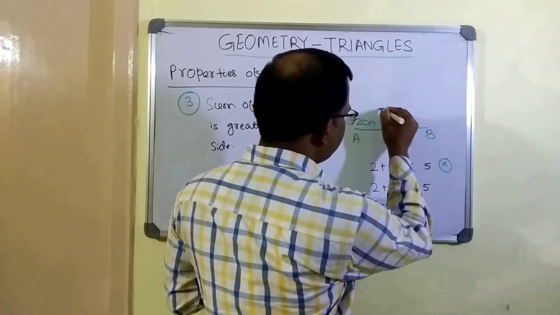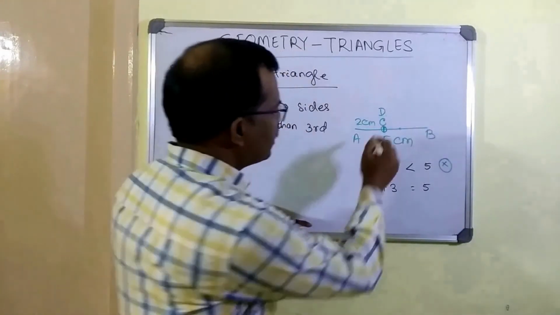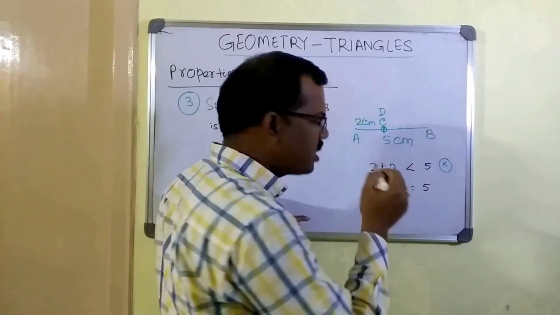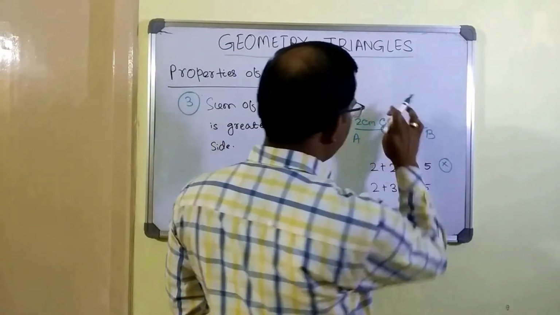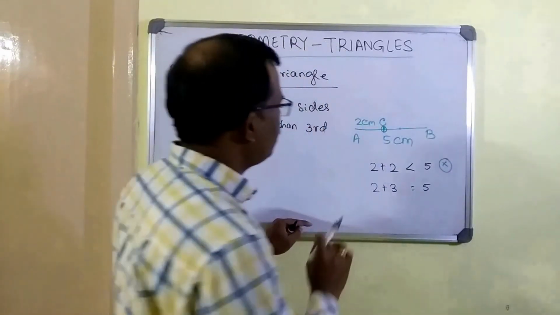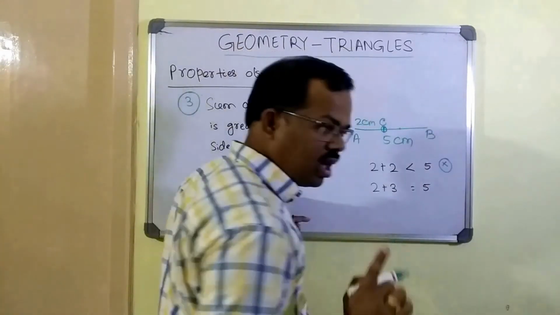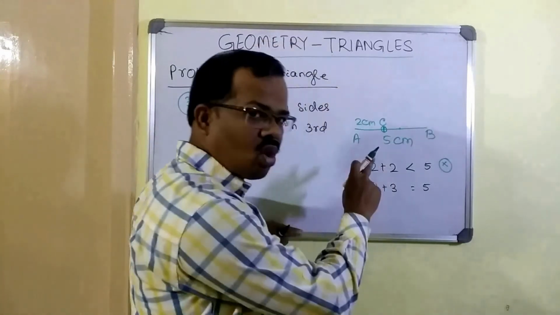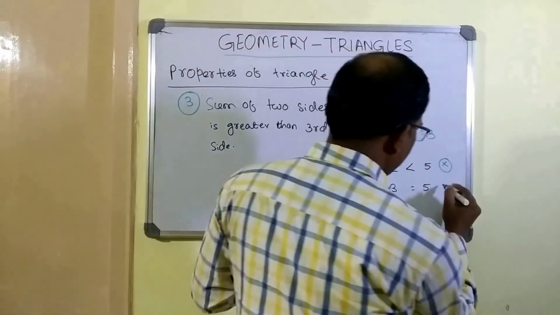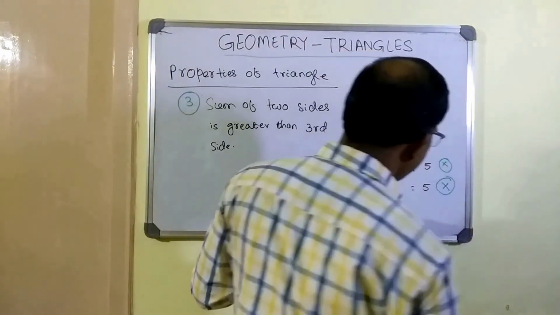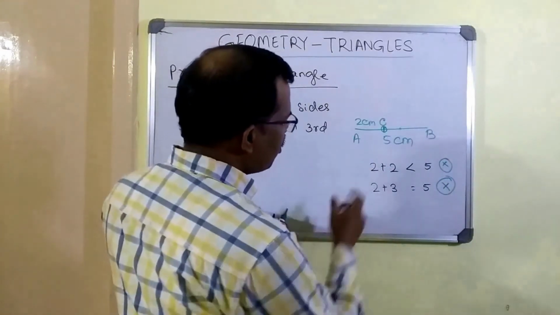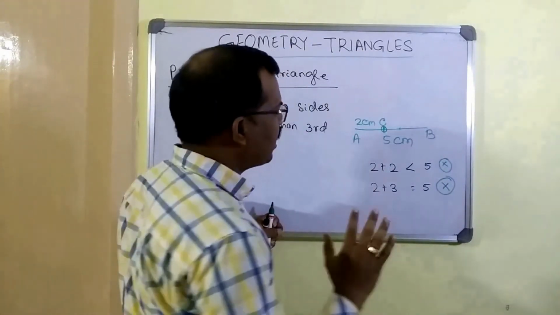So if I say that this will be D, then C and D will be essentially the same point. So I will just keep C over here. That means this will be the same line only. So in this case also no triangle is possible.